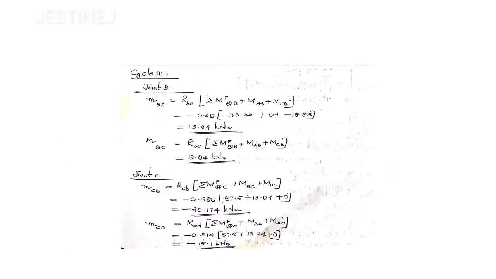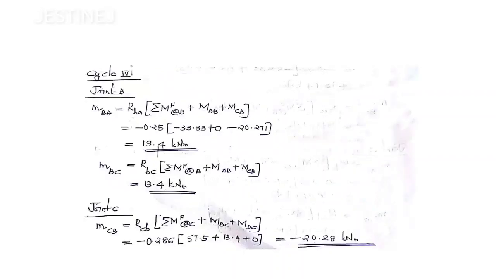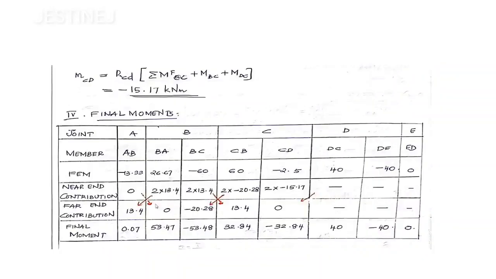Coming to cycle 2, the procedures are exactly the same, using the same equations. Then cycle 3 you can observe here, and then the last cycle, with which we wind up the procedure. Now we will move on to our last step, to calculate the final moments.